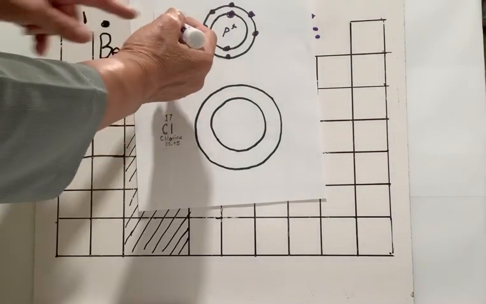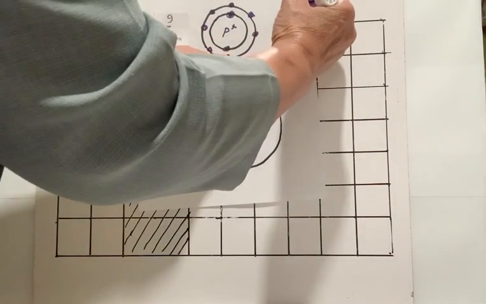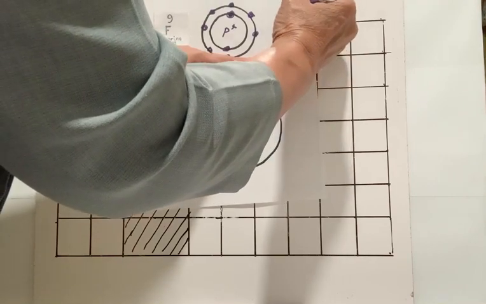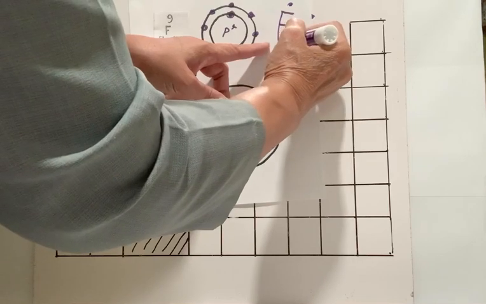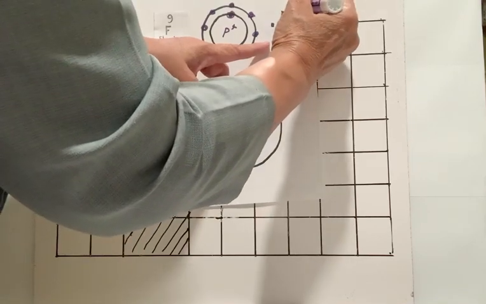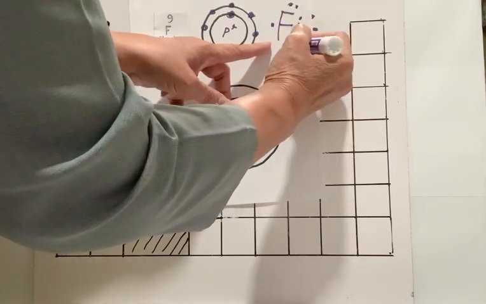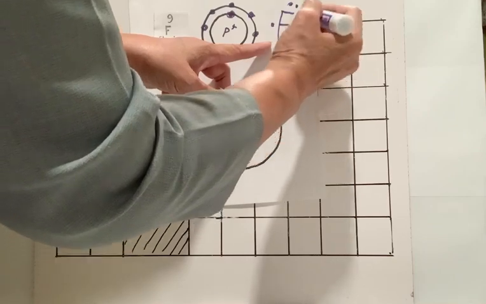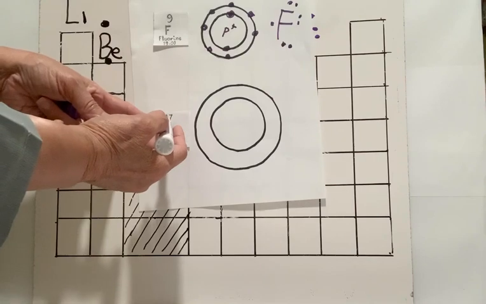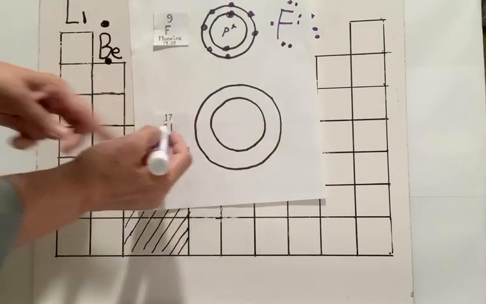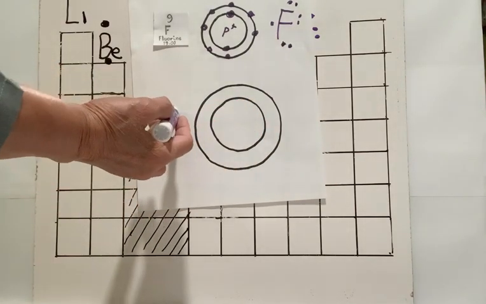So that means we can represent fluorine with 7 valence electrons. 1, 2, 3, 4, 5, 6, 7. So 7 valence electrons. Similarly with chlorine, 17 protons and 17 electrons.